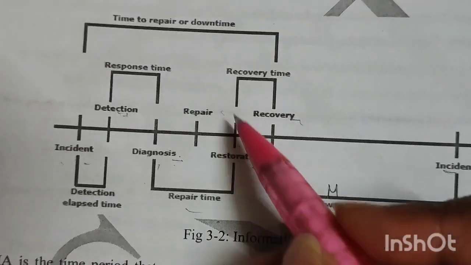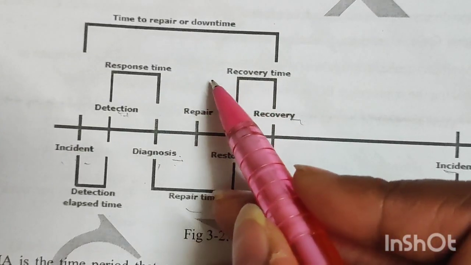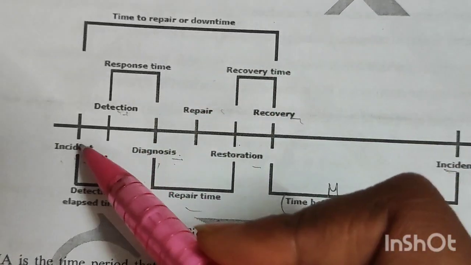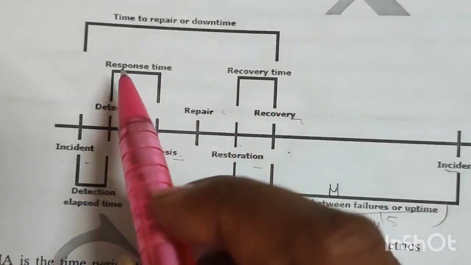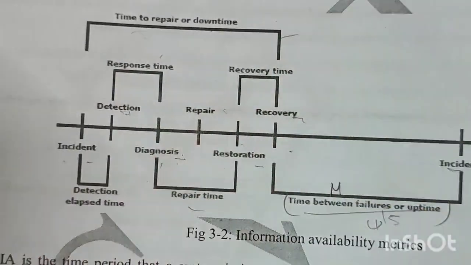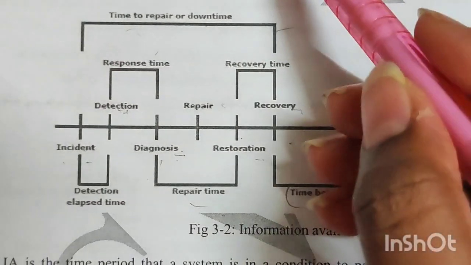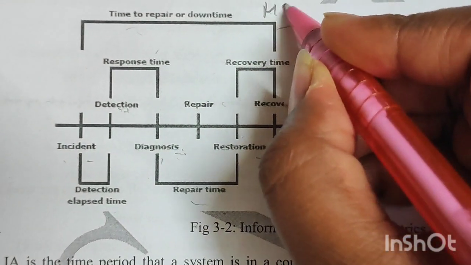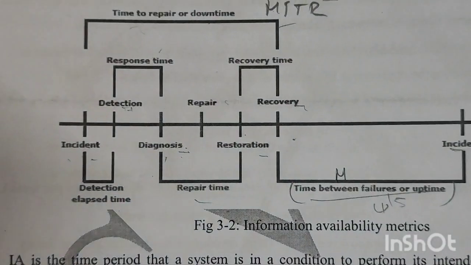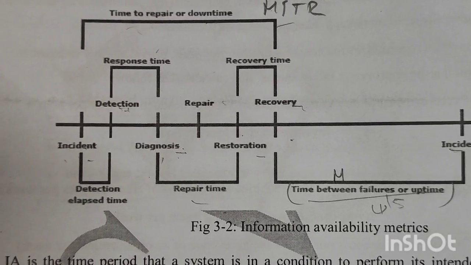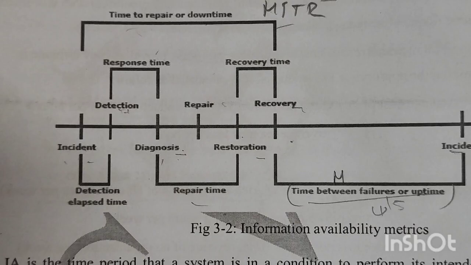From restoring to recovery is called recovery time. From the incident to recovery is called time to repair or downtime. So this is your MTTR. This is also an average that you have to take, and then you have to give this diagrammatic explanation.